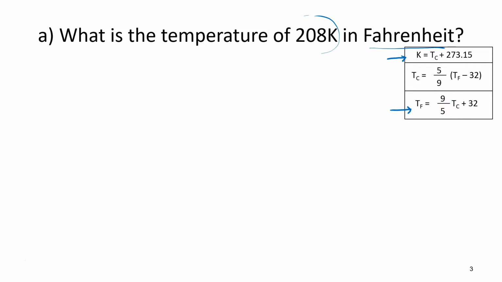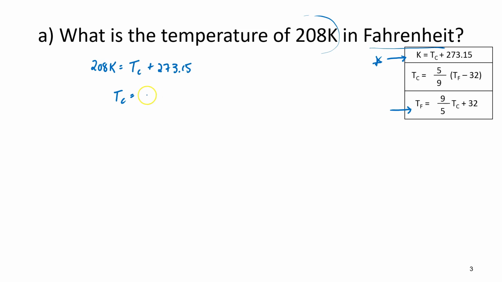So let's see if we can do this. We'll start by using this formula. We're given the temperature in Kelvin. That equals the temperature in Celsius plus 273.15.